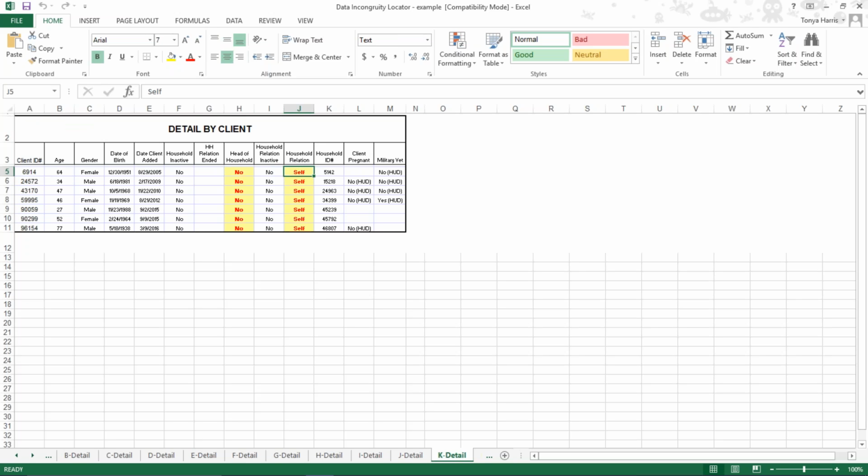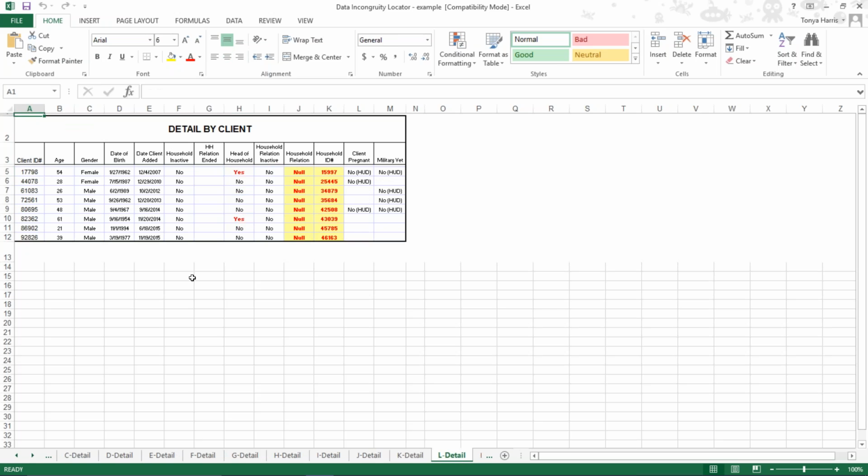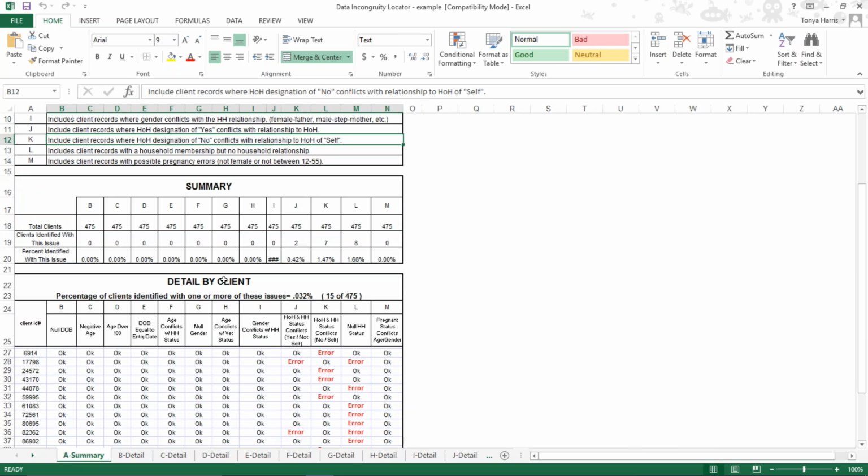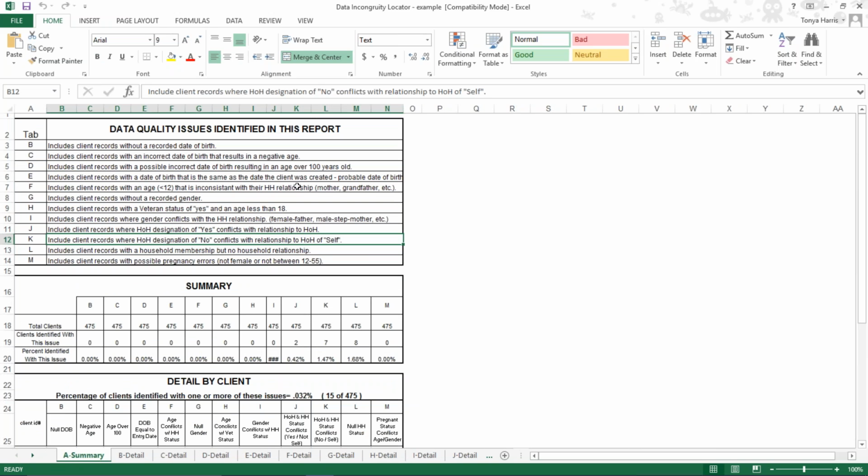So that's why we have conflicts. Okay? And then column L, we have a yes and no relationship. We have a no and no relationship, and so on. So each one of these tabs corresponds to the first page of where you have data that is not right. Okay? So that's that report.